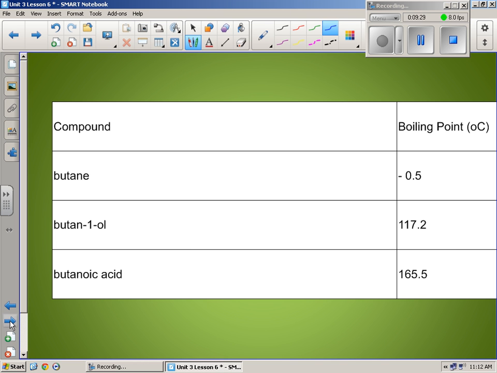So you'd expect this trend to happen with pretty much most alkanes versus alcohols versus carboxylic acids. Okay, that usually tends to be the trend, assuming everything else is equal, of course, right? So I'd expect the same kind of trend with methane, methanol, and methanoic acid. Same kind of trend, okay? Things like that, okay?